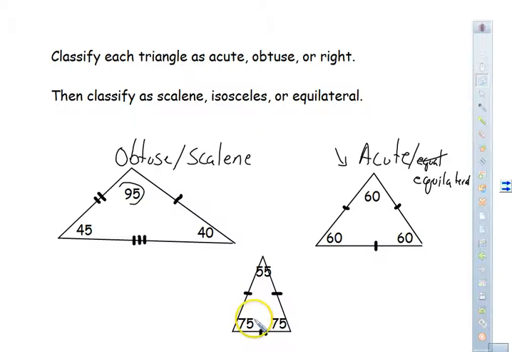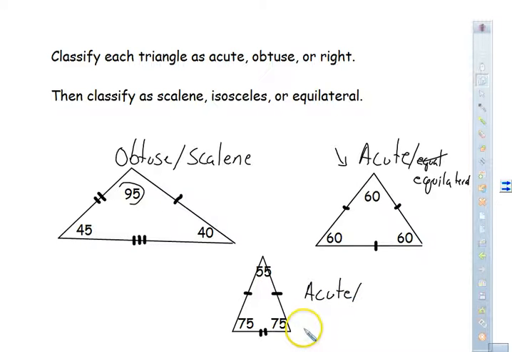Now we can see the different degrees, and we have acute, obtuse, or right. Remember, it only takes one to be obtuse. Do I see anything greater than 90? I don't. And is there any of them that are 90 degrees? No. And so they're all acute, so my answer is acute.